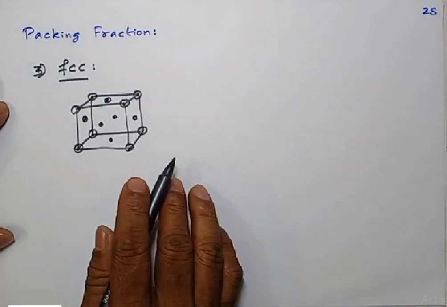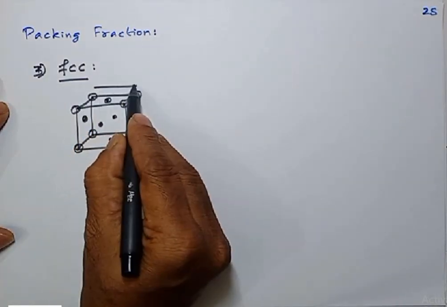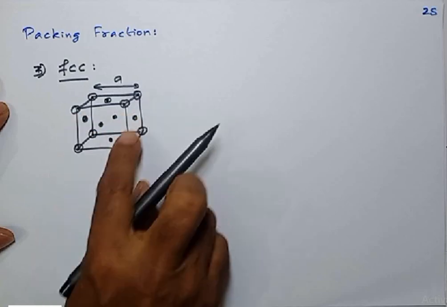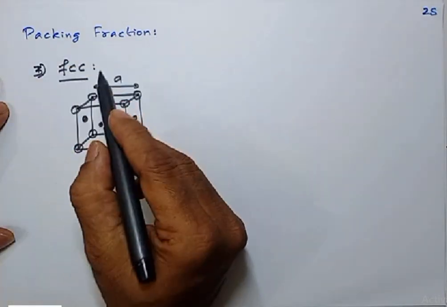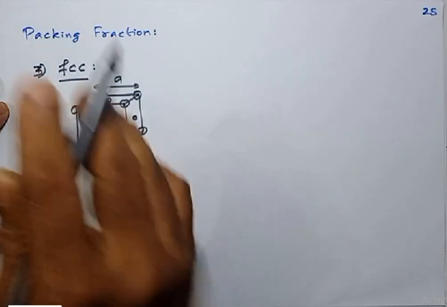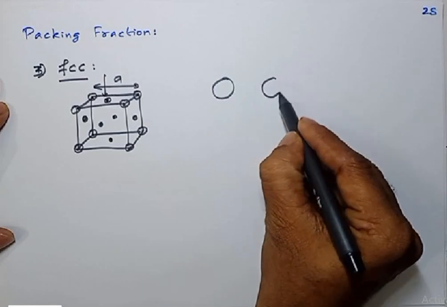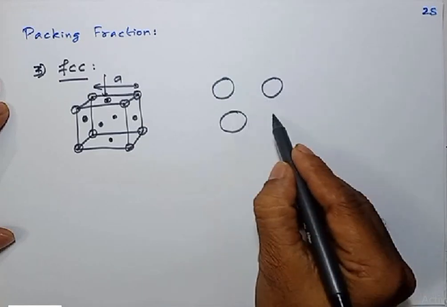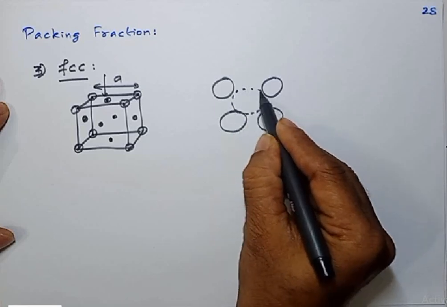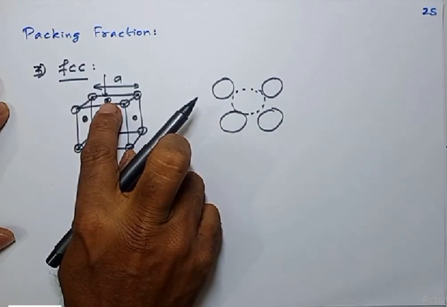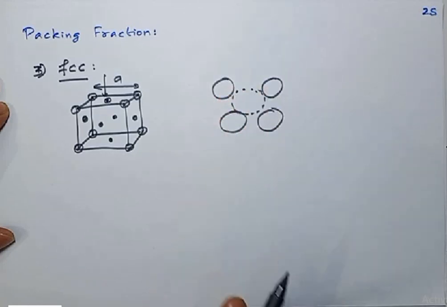Now, in this case, observe carefully. This is the edge length. Since it is a cube, all edge lengths are equal. If you view from the top, it appears like this. All the corner atoms are not touching each other, but the face center atom is touching the surface of all the corner atoms.